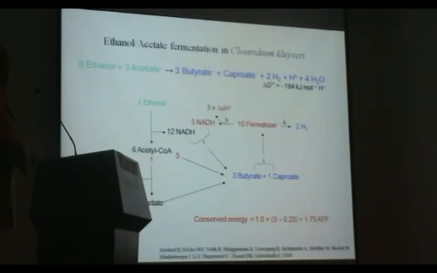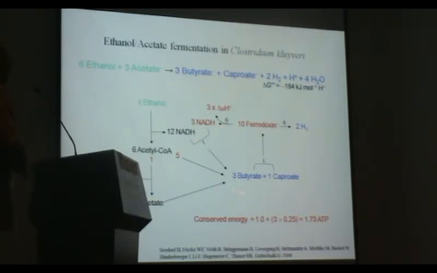Now it's clear: the reduction of butyrate to caproate, there is 5 reductions of a double bond, gives rise to 10 ferredoxin. 4 can be used to form this hydrogen. 6 can be used to reduce NAD back to NADH, and we get the proton or sodium motive force.